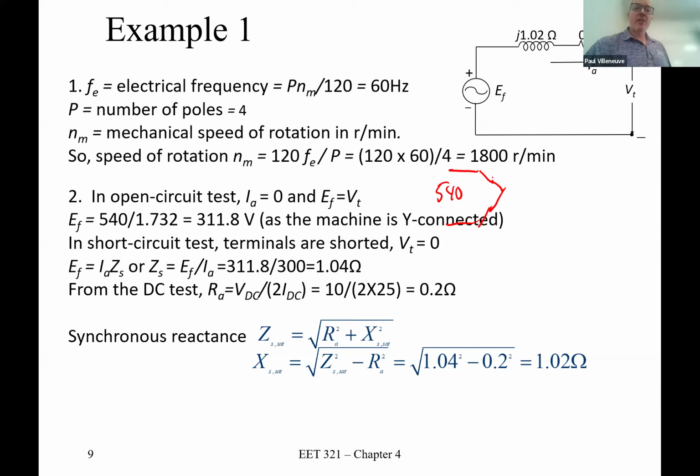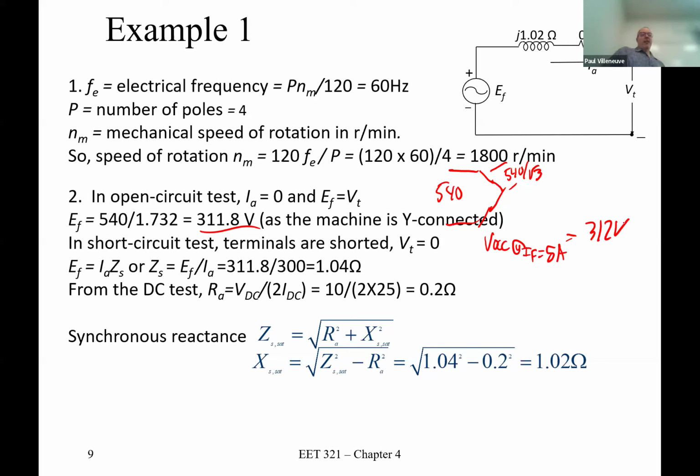If I want to get the impedance across an individual phase, then I have to take the 540 and divide it by the square root of 3, right? To get the individual phase voltage. So at open circuit conditions at 5 amps of field current, I get about 312 volts. So the open circuit characteristic at IF equal 5 amps is 312 volts.